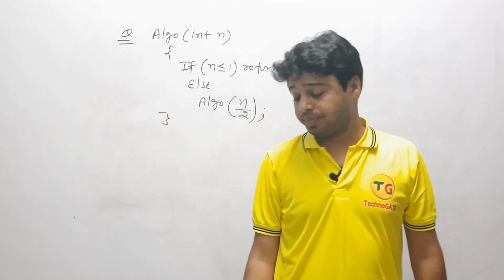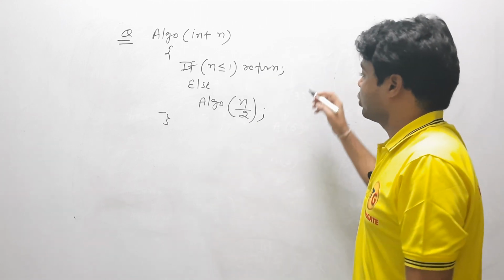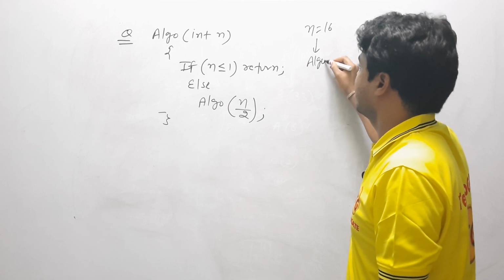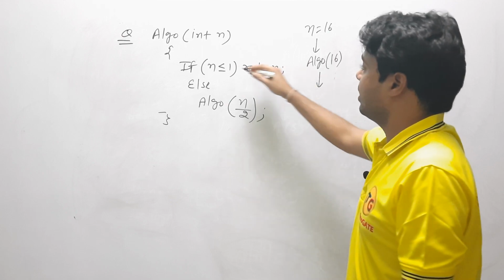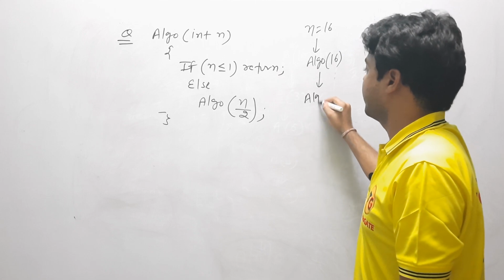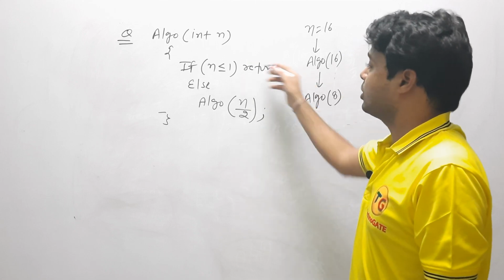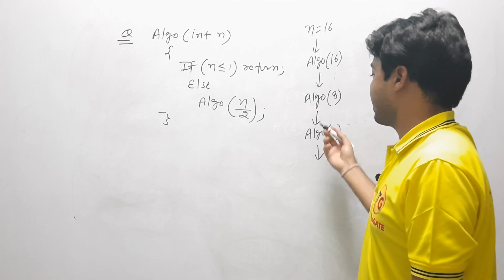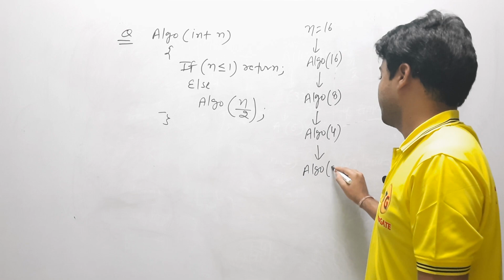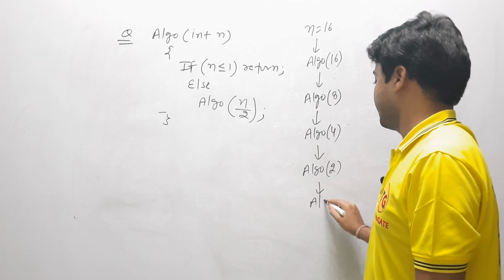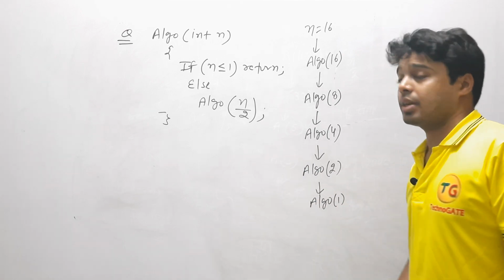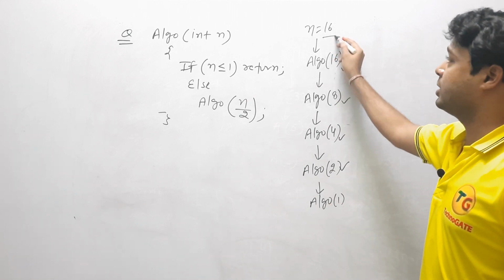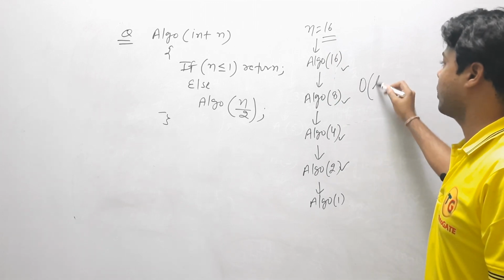Again, what is the time complexity here? Suppose n is 16. Then algo 16 does not return, algo becomes 8, then 4, then 2, then 1, and returns. So how many times will it execute? Only 1, 2, 3, 4 times, which means logarithmic, order of log n.